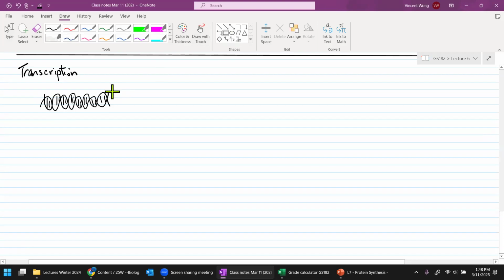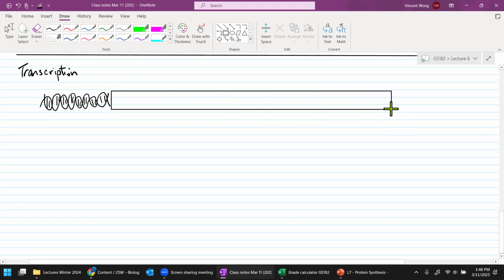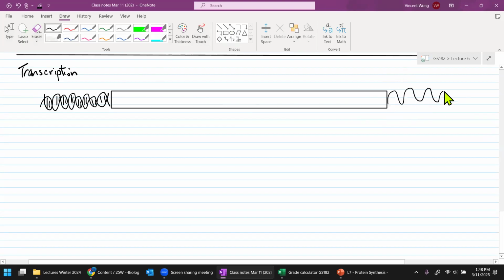And instead of drawing the double helix for the whole thing, I'm just going to draw a box here. So this here is a gene. It's a segment on the DNA.